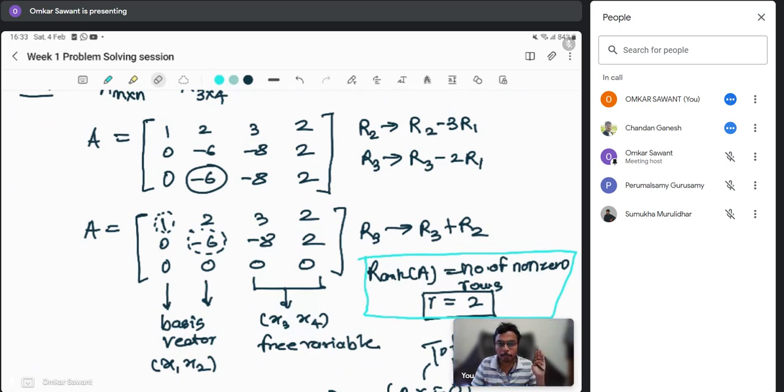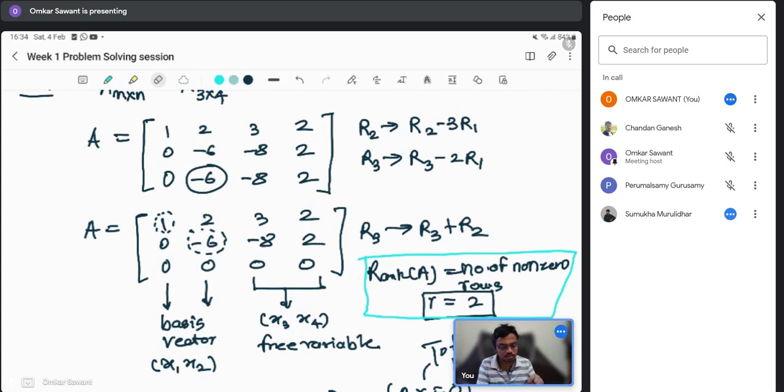Okay, sir, now I got it. I thought there shouldn't be a single zero in it. The entire row should not be 0. Got it, sir. Okay, now is it clear to everyone? Sumuka, did you understand how the rank is 2 for this matrix?